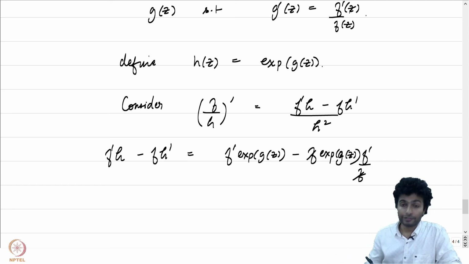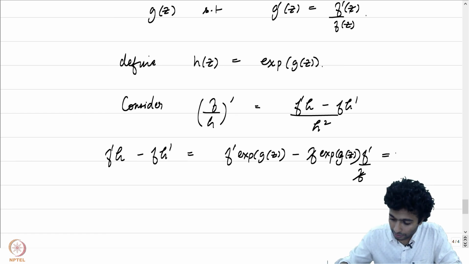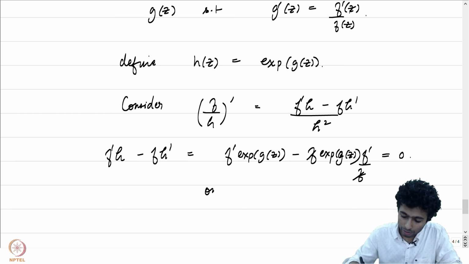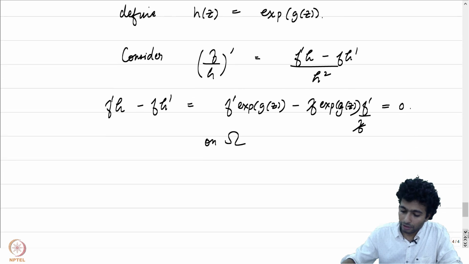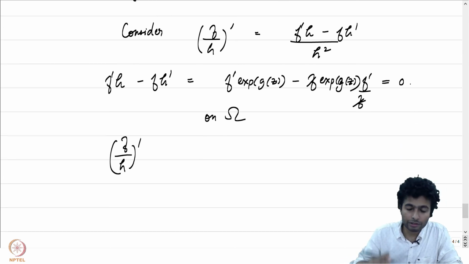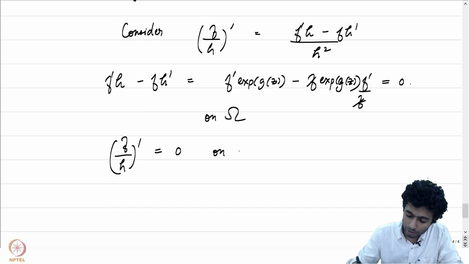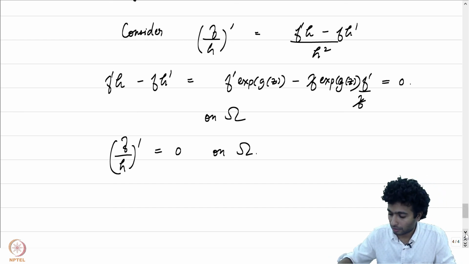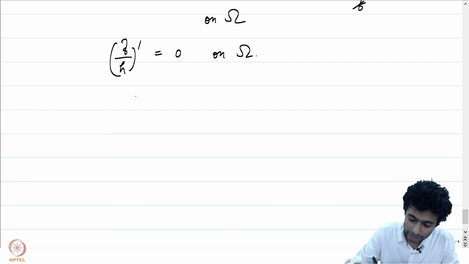The f's will cancel off here and we get that this is equal to 0. This is the case on omega. Therefore, the derivative of f by h is 0 on omega. That means by elementary calculus we can conclude that f is equal to a constant times h.